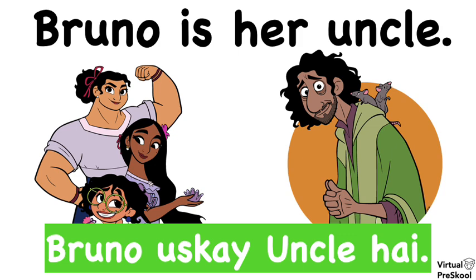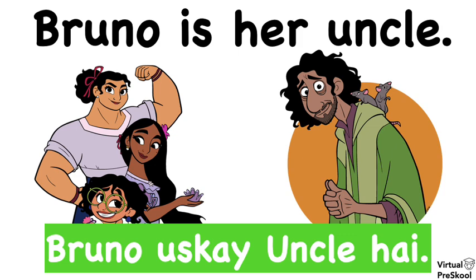So why is it uske? Because we're elevating uncle's status because he's an uncle. He's an elder. So we're elevating his status by using uske. We're showing him respect. So that's the third use case of uske. We use it to show respect to our elders.